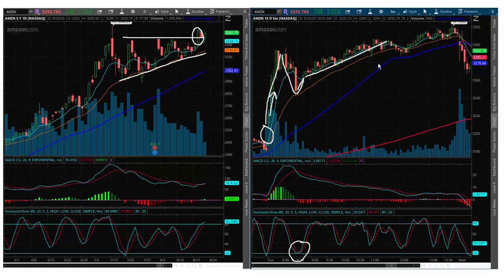Okay, and then how you manage it: I enter as I've described, but I exit just on the price chart, just following it up, putting stops below lows. Or if you have a situation where the stochastic hovers up here and you can draw a trend line, and I don't really like the way it's acting and the stochastic breaks down, I'll use that as a reason to get out.